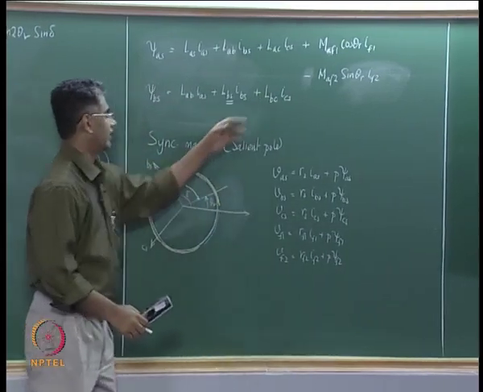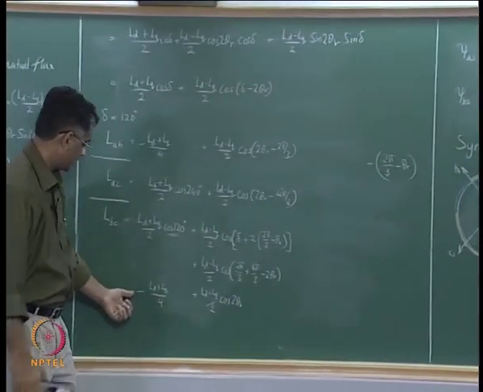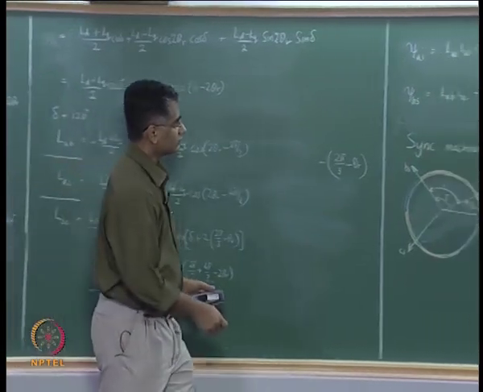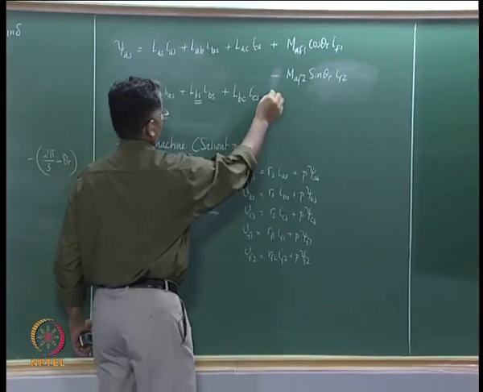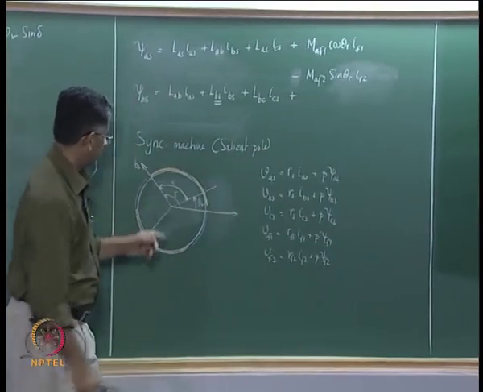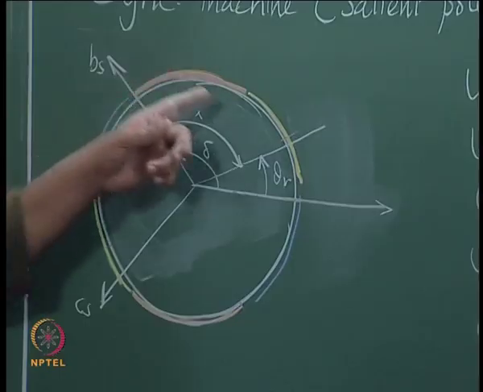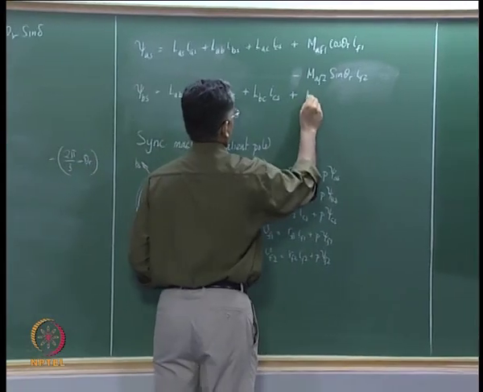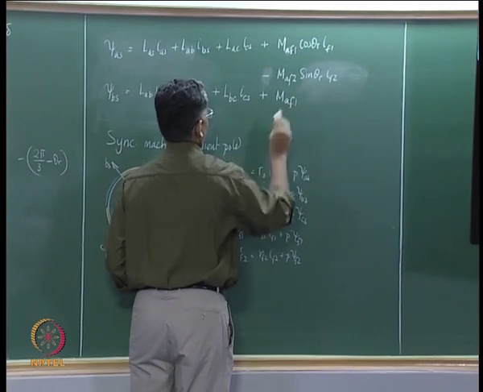The expression for LBC again we have derived, which is of this nature, and then you have a mutual inductance between the B phase of the stator and that of the rotor, that would then again be MAF1.